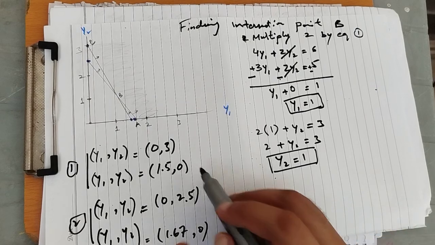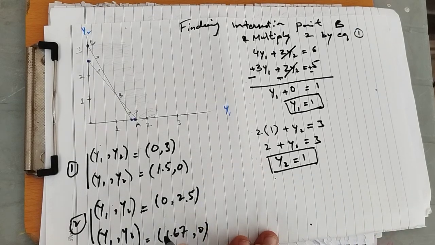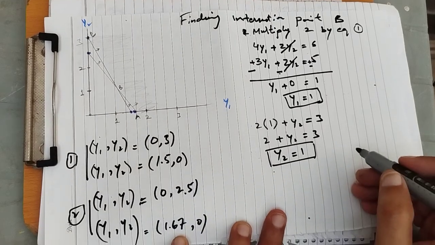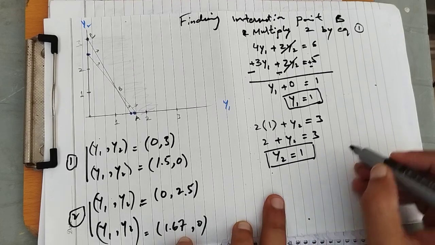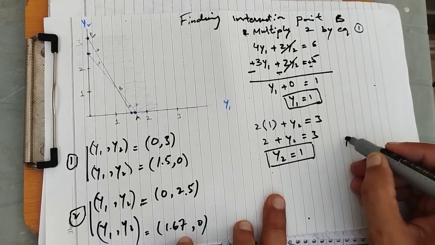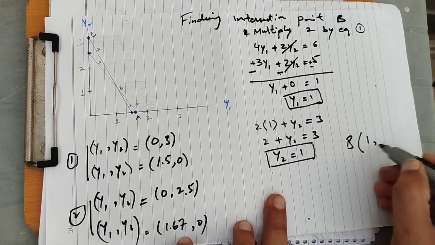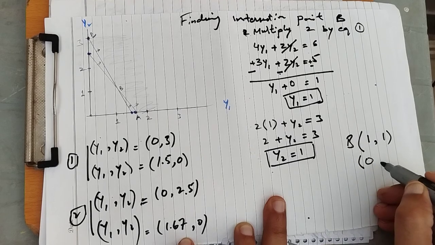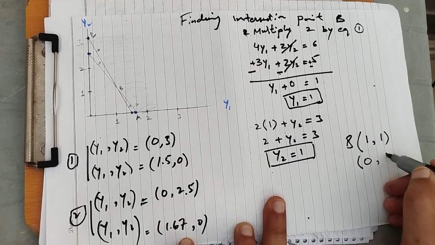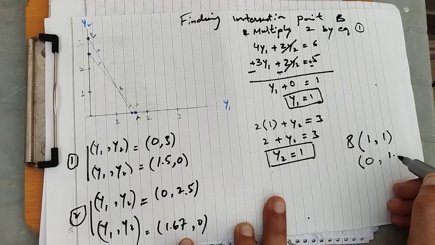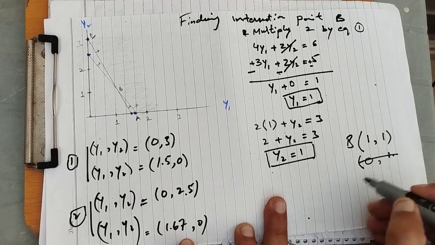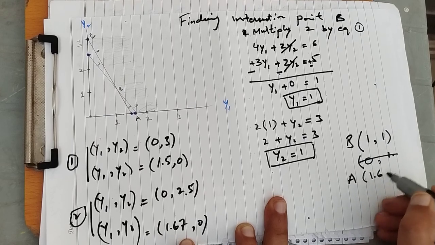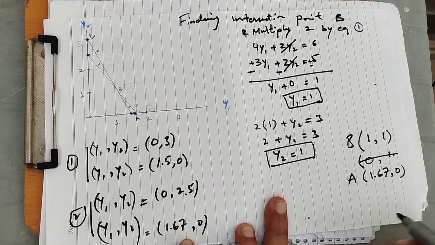So that is the intersection point, that is point B. Or we may rewrite point A, point B. First we write point B is 1, 1. Point A was 1.67, 0.